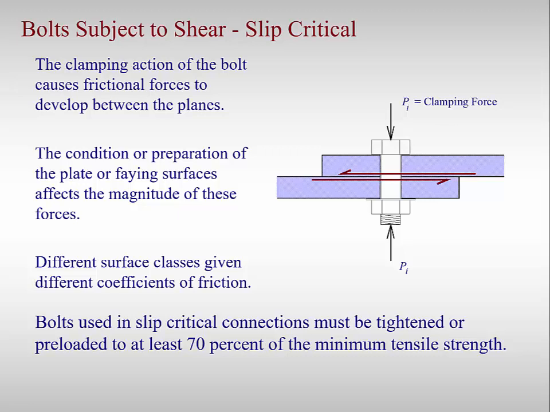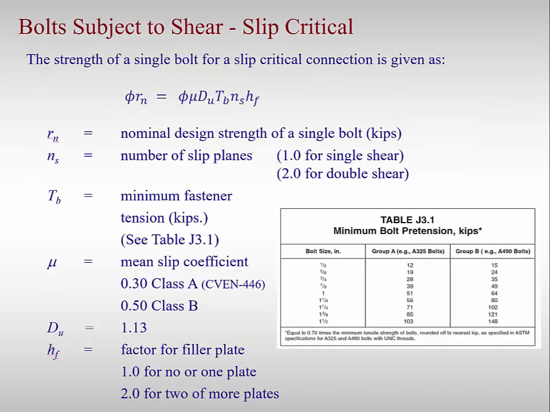To get the proper frictional force between the plates, the bolts must develop a tensile force of at least 70% of its ultimate tensile strength. The four tightening methods previously discussed are intended to achieve this. The formula used to determine the slip critical value is different than the formula used to determine bearing values.